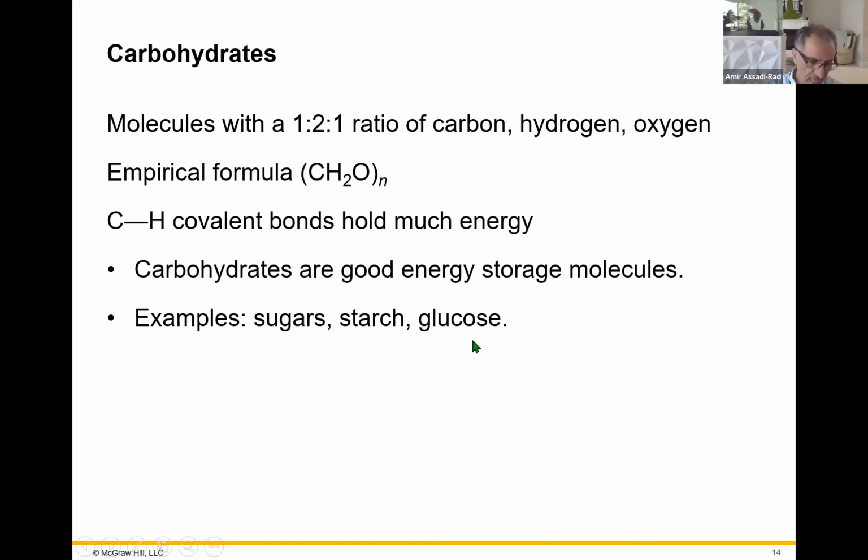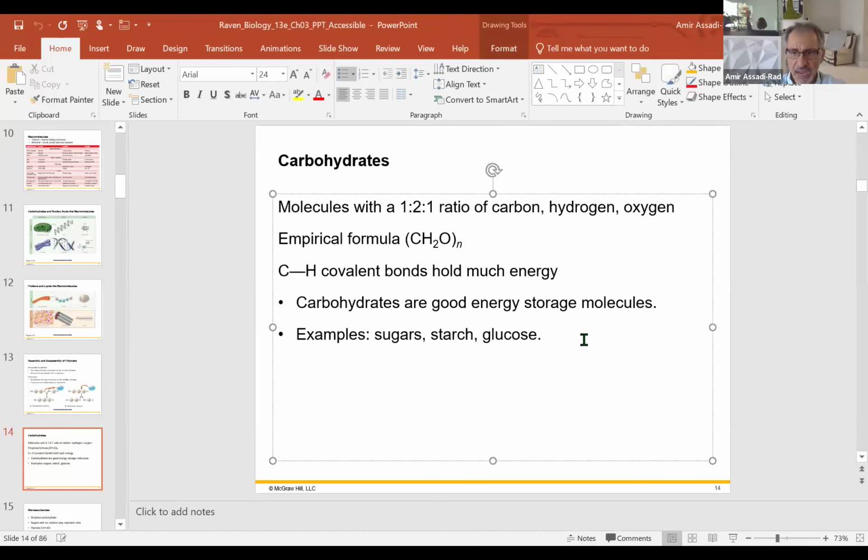I'm hoping you write down in your notes that 1 gram of carbohydrates gives you 4 calories. Let me write it down so you guys know, and I have it in my notes. 1 gram of CHO carbohydrates gives you 4 calories.